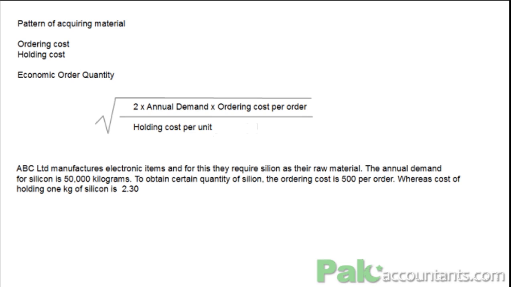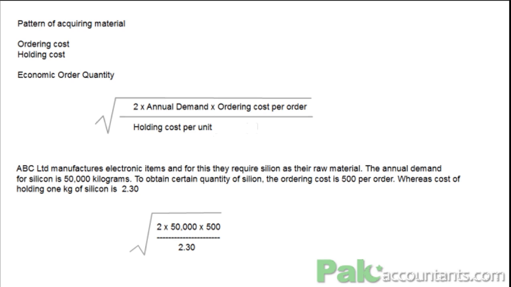Remember, 50,000 is your annual demand. That is the quantity of raw material you need for a whole year, and definitely you're not going to consume all of it at once. So 2 multiplied by 50,000 multiplied by 500, divided by 2.30, and square root. Don't forget that part.